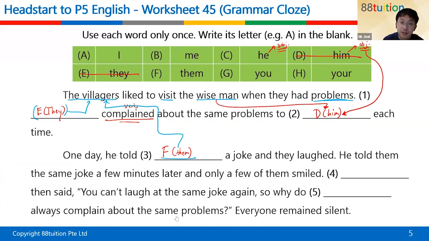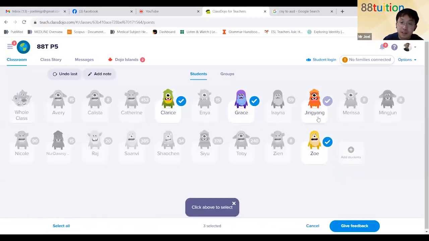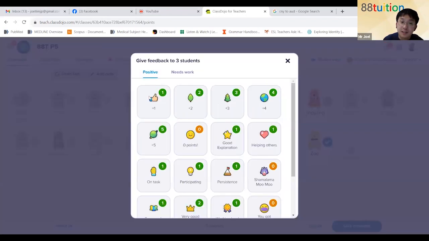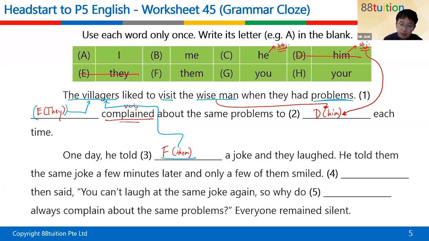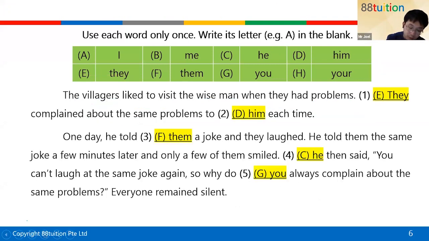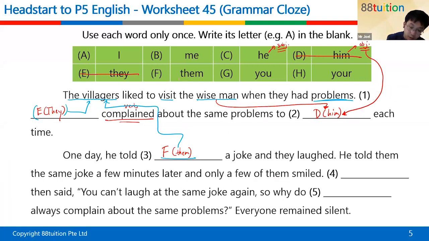Everyone here gets the point, except for Jing Yang. Next: "He told them the same joke a few times later, and only a few of them smiled." So we have used "them" over here, only a few of them. And only a few of them smiled.